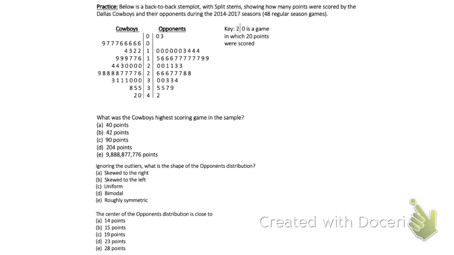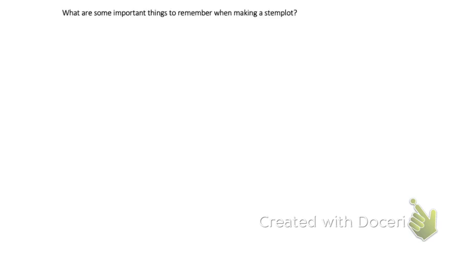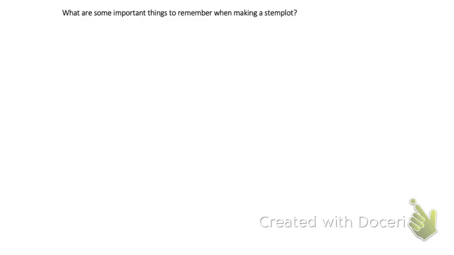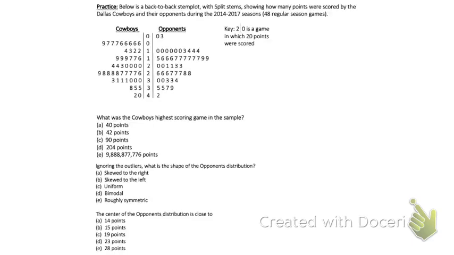What was the Cowboys' highest scoring game in the sample? 42. In this example, our stems are in the middle, but we still use those stems in the same way. So, 42 is the highest number.